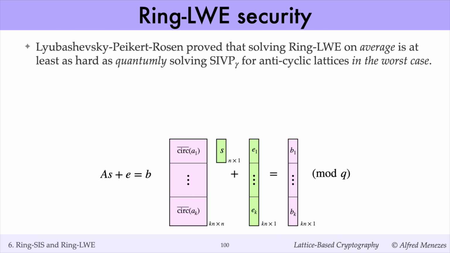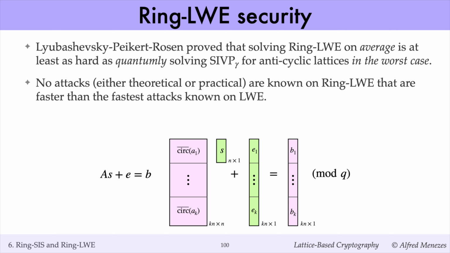Lyubashevsky, Peikert, and Regev proved that solving Ring-LWE on average is at least as hard as quantumly solving approximate SIVP for ideal lattices in the worst case. As with the worst-case to average-case reduction for LWE, this guarantee is an asymptotic one.